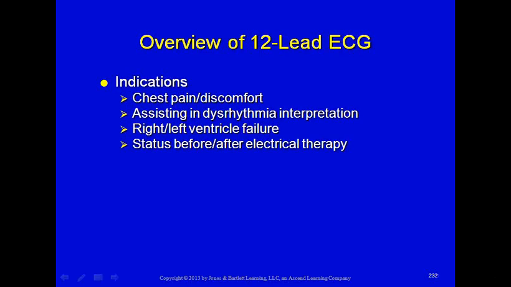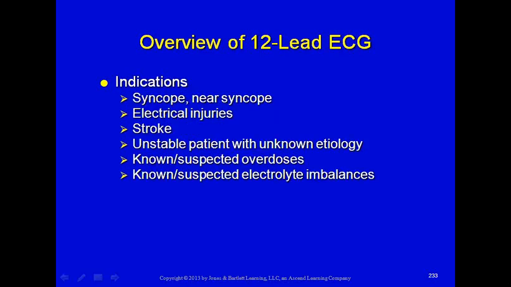And then it certainly gives us a report of the heart's electrical activity before and after we provide a shock, whether it be a defibrillation or a synchronized cardioversion. If somebody suffers syncope or near syncope, and upon your arrival they're still dizzy and lightheaded, particularly if their pulse is really slow or fast or irregular, you're going to want to get a 12-lead ECG as well.